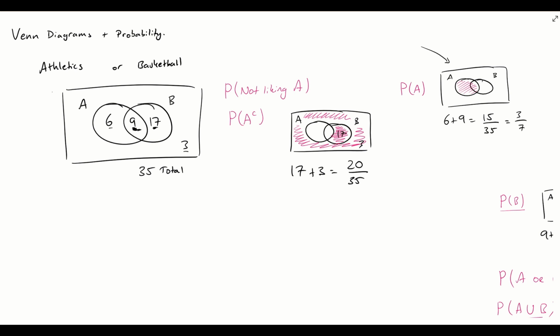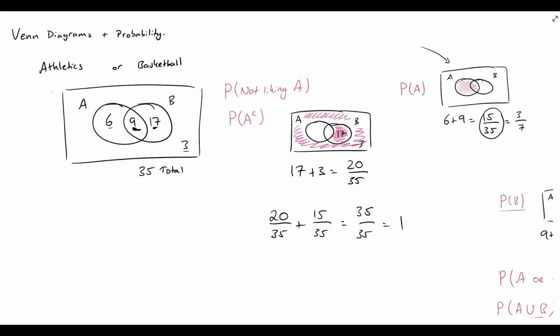Now, what's really interesting about this is that if we add 20 out of 35 plus the 15 out of 35 that we found for the probability of us picking somebody that likes athletics, we end up with a whole.